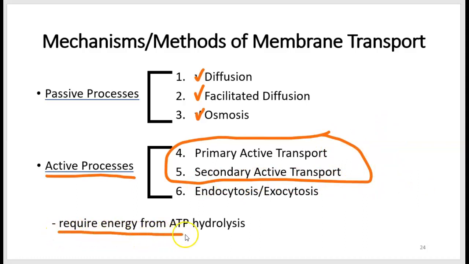These will both require ATP. And what happens is the cell breaks down the ATP, which releases a lot of energy. And that energy is used to move something up its concentration gradient. So that's what we're going to look at next.